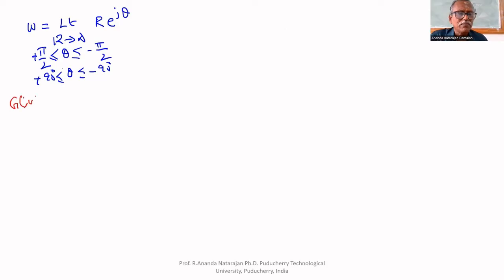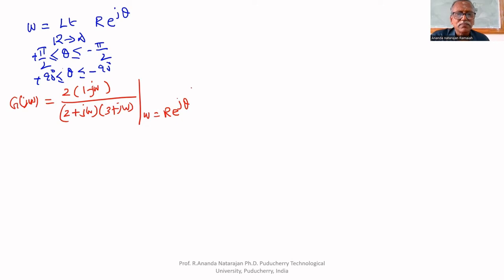G of j omega equal to 2 multiplied by 1 minus omega divided by 2 plus j omega multiplied by 3 plus j omega, where omega equal to R e power j theta.